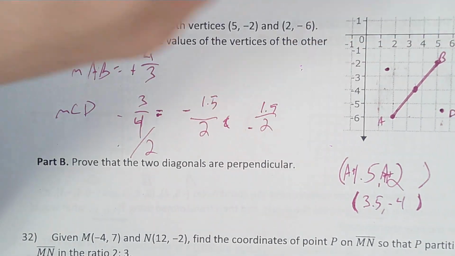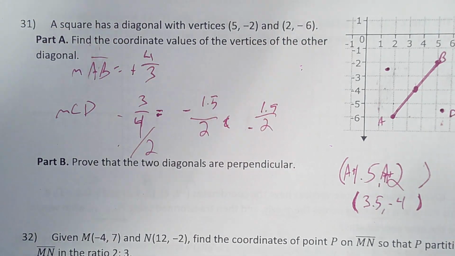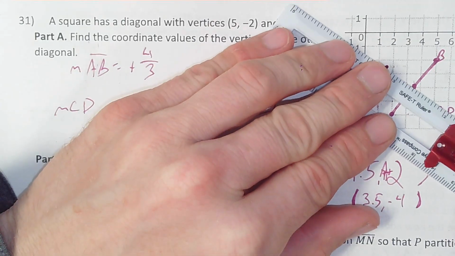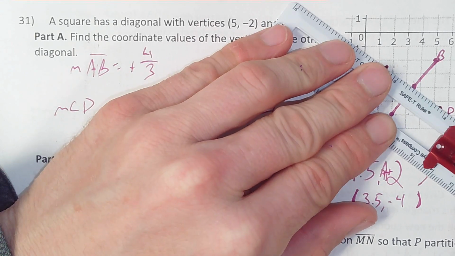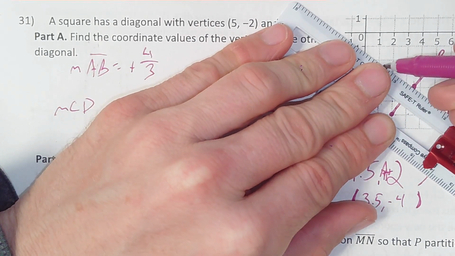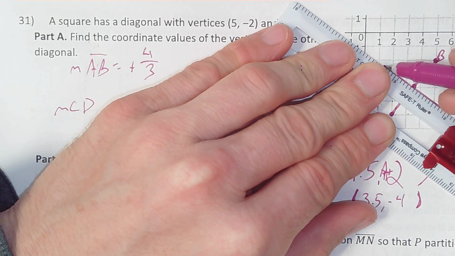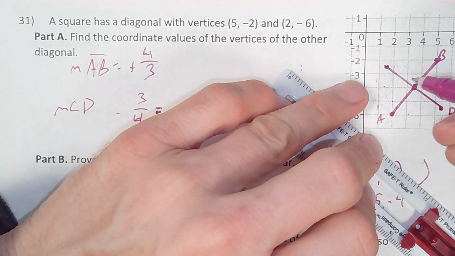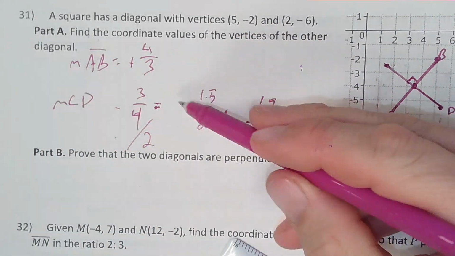Okay, so that is a perpendicular line with the slope that is half of this one.